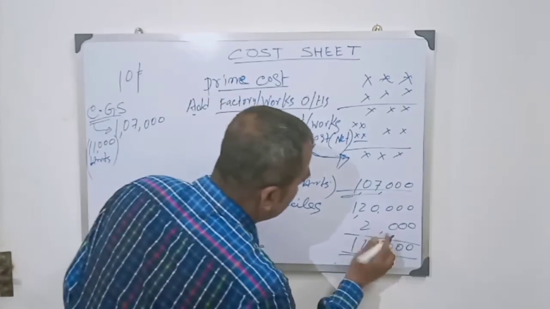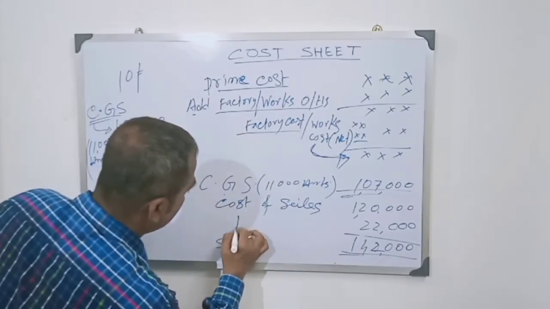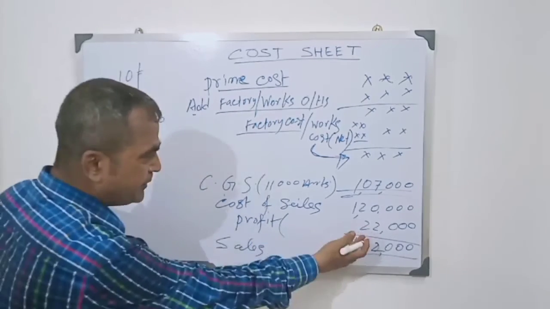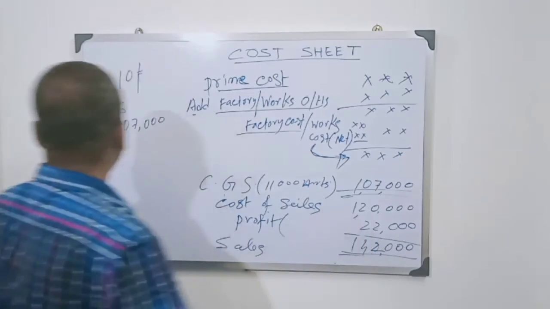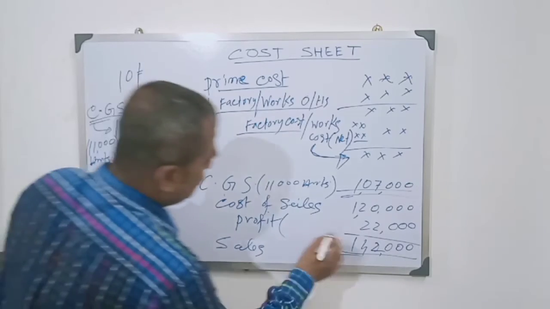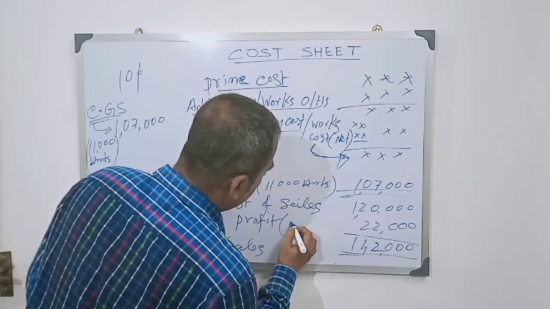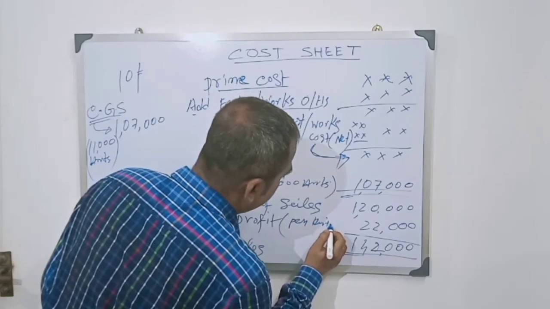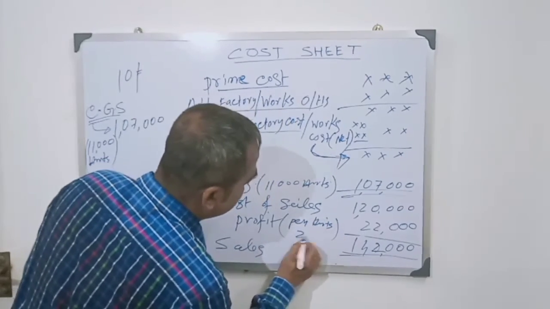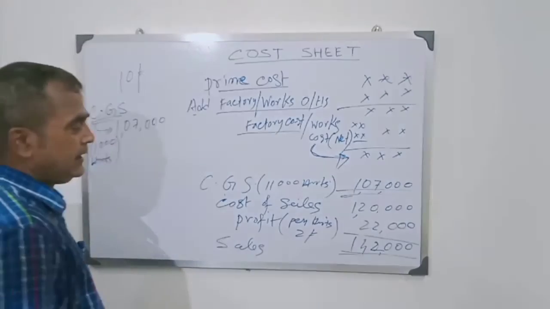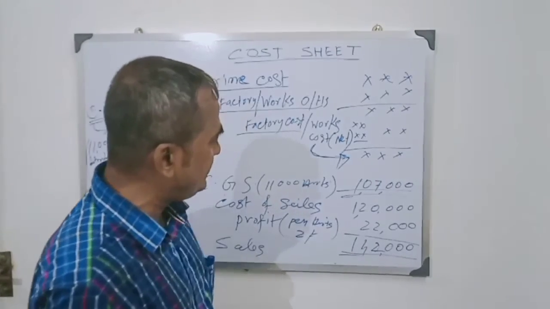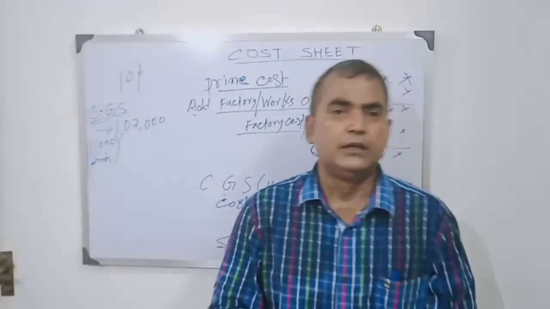So 22,000 is profit. This is your net profit, never gross profit. 11,000 units, so profit per unit is 2 rupees. Per unit sale price could be calculated. Per unit cost of sale could be calculated.